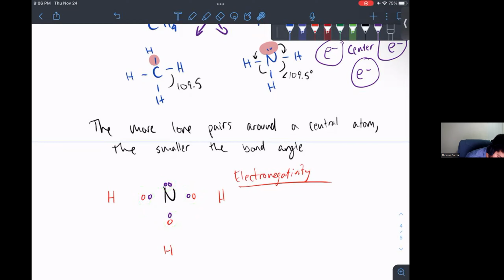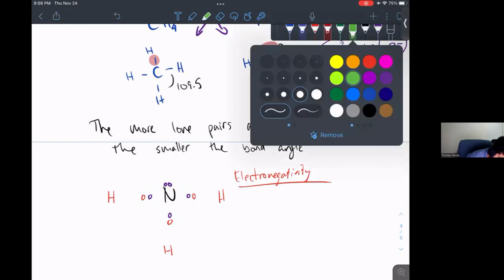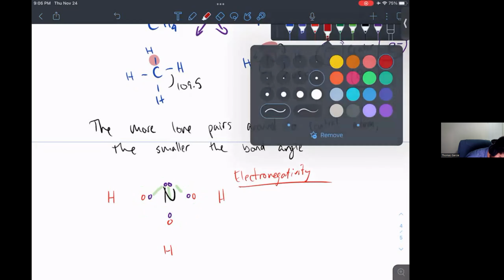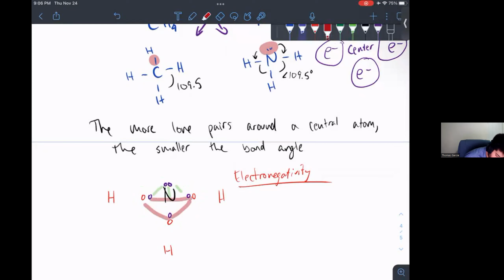If we were to actually measure the distance between them, I'm going to go ahead and get the right color for that. The distance of the green between the lone pair is actually, that green line is much smaller. Because of this, the lone pairs are closer than the bonds.